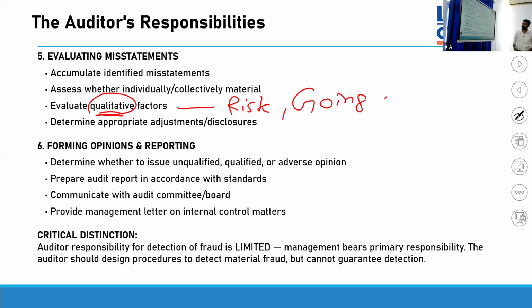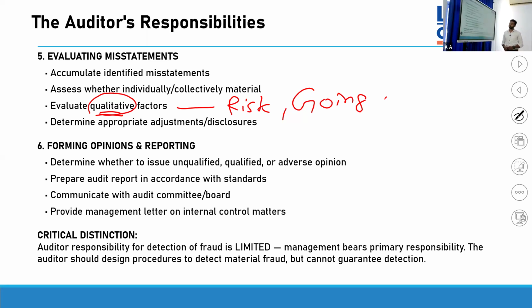We must evaluate whether the appropriate, sufficient disclosures are included in the financial statement or not. Such kind of things also we must evaluate. If the disclosure is insufficient, we must request the management or the client to provide the sufficient disclosure, right?